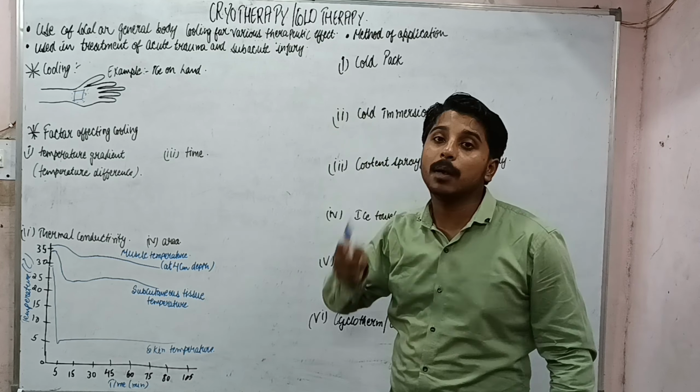It is used in the treatment of acute trauma and subacute injuries. The various methods of application are as follows, and I am using pictures for you. First is cold pack, second is cold immersion, third is coolant spray or evaporative spray, fourth is ice towels, fifth is ice massage, sixth is cyclotherm or cold compression unit.